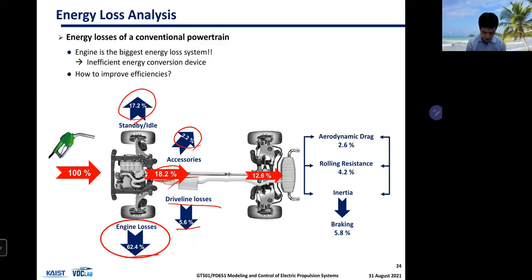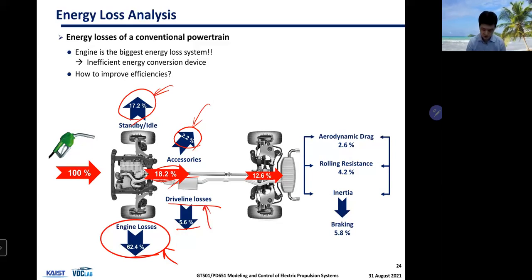By the way, people are trying to improve engine losses, so reduce that. And standby idle, so we have engine stop-start technology, and then reduce accessory losses and driveline losses.